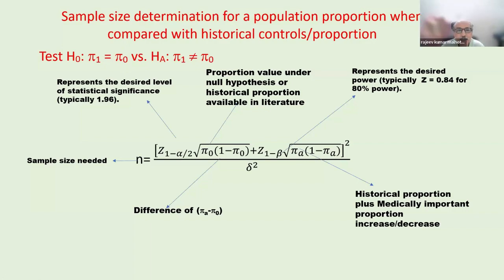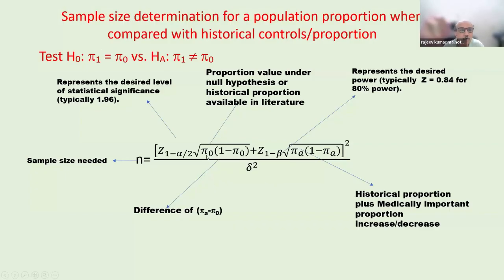So this is the sample size determination for population proportion when compared to the historical control population. My null hypothesis is that the sample proportion is equal to the control or hypothetical population, and the alternative hypothesis is not equal. So this is the formula for calculating this. I am not going to explain it here.